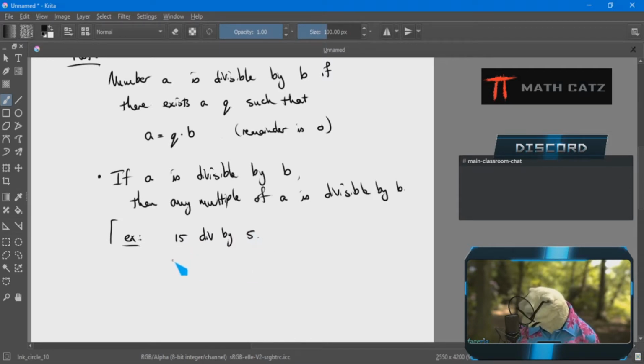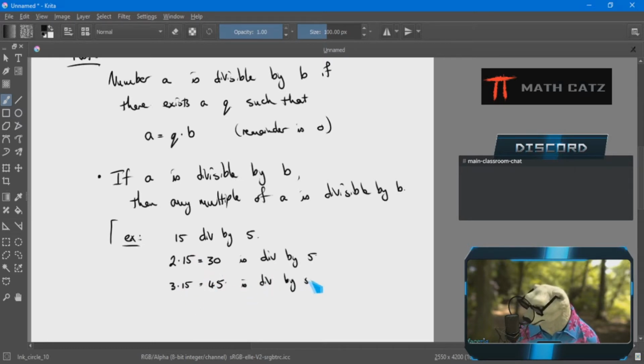Then 2 times 15, meaning 30, is also going to be divisible by 5. We know this. 3 times 15? Well, because 5, quote unquote, fits into 15, I can stack 15s. It'll fit into that as well.